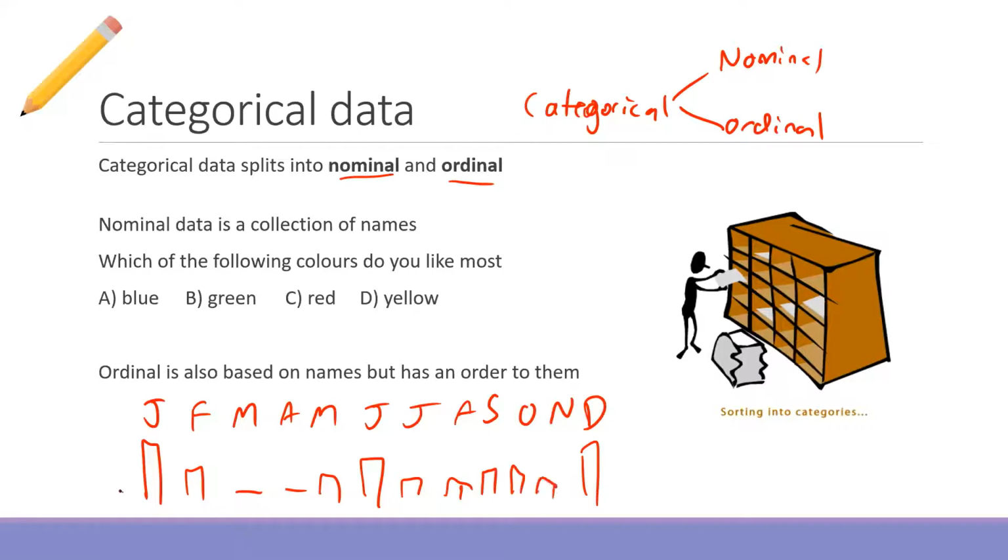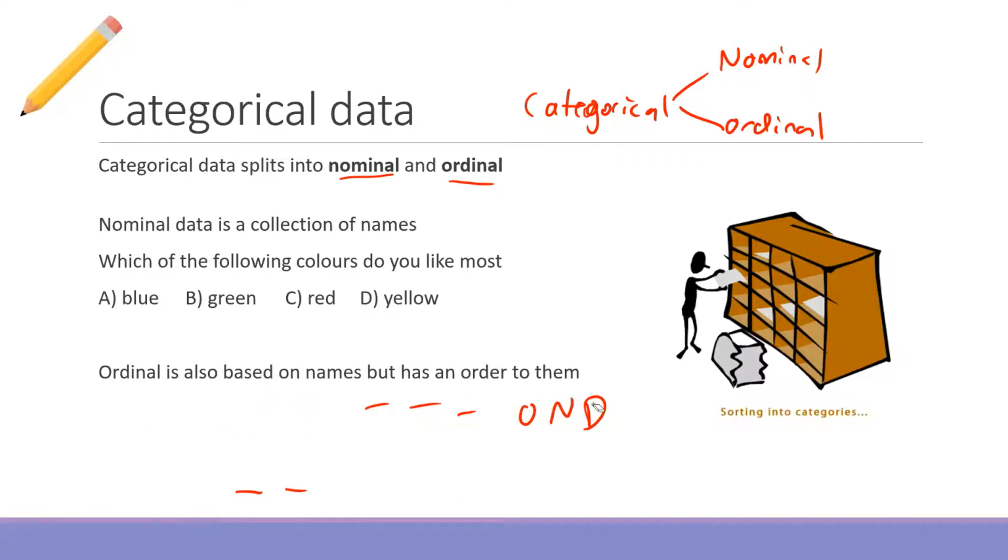And so you could use that information. Now, if these were just randomly written down, if there was no order, then you wouldn't be able to do that. Another one would be, instead of months of the year, we could talk about seasons: summer, autumn, winter, and then spring.